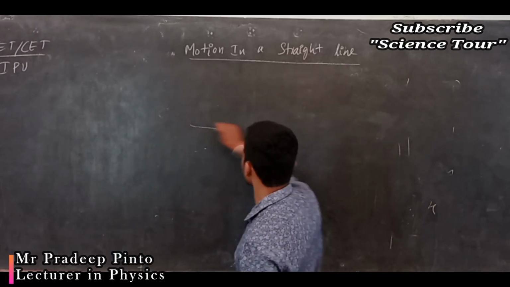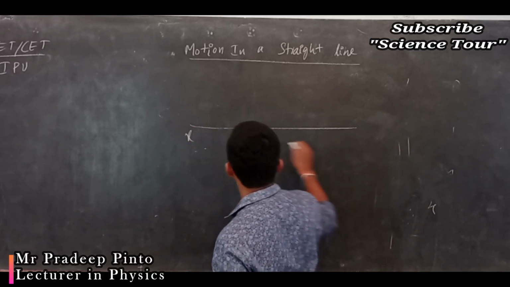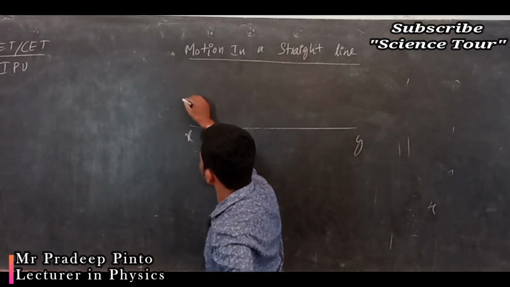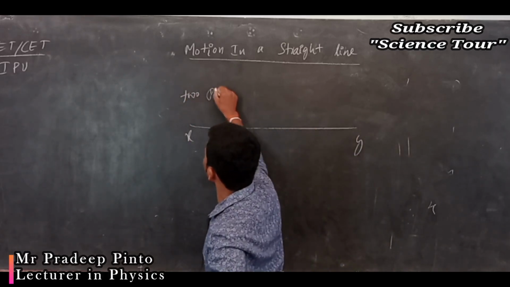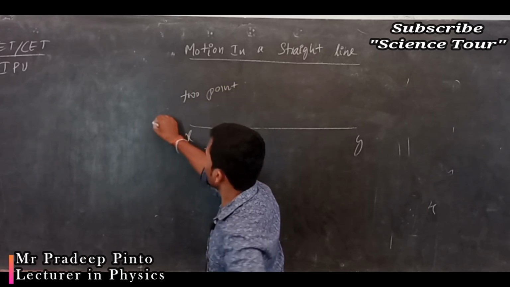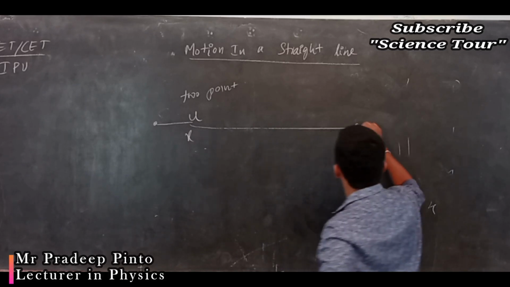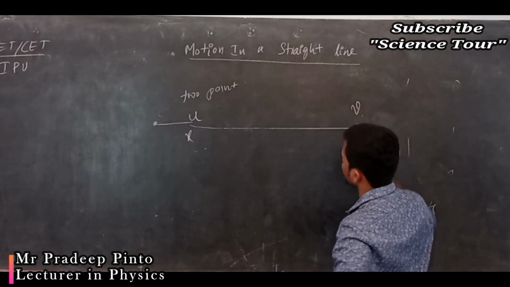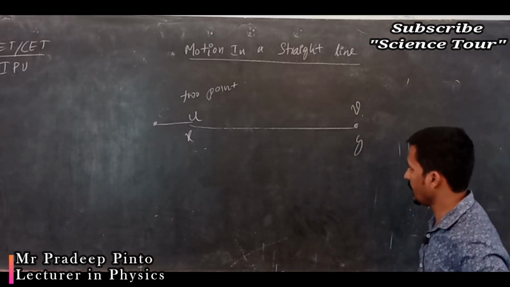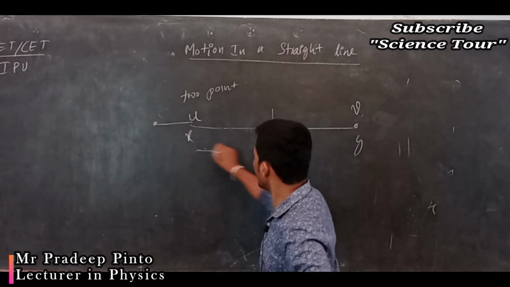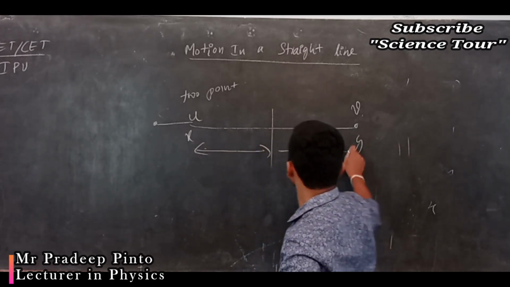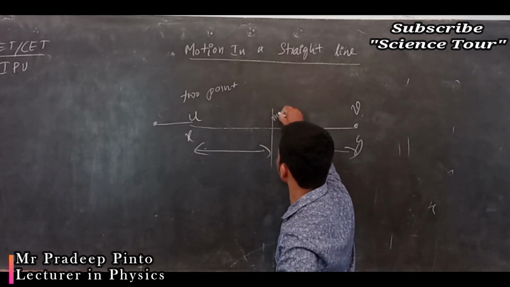See, now 2 points are there, say it is x, say it is y. A body is crossing x with the velocity u, and crossing y with the velocity v. So this is the distance and this is the midpoint.